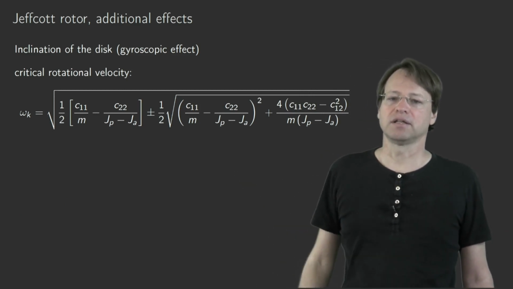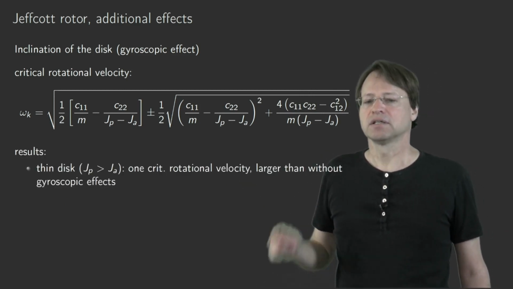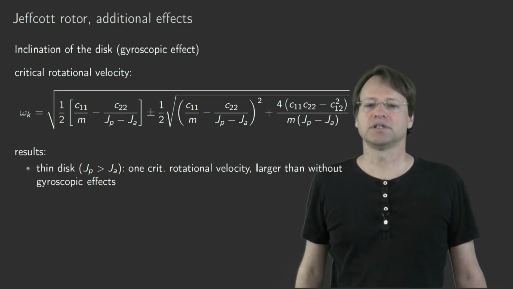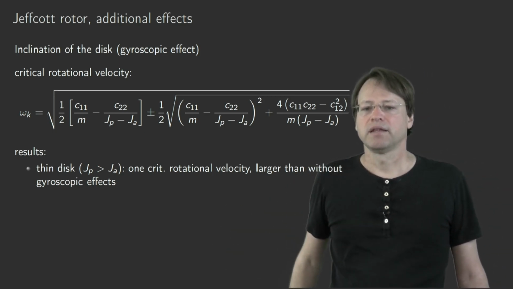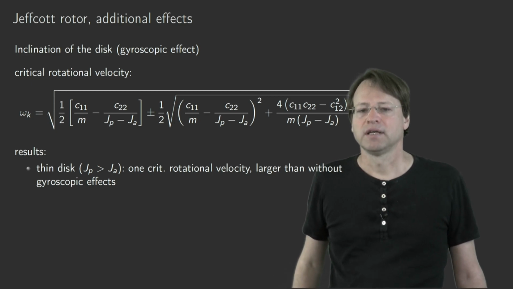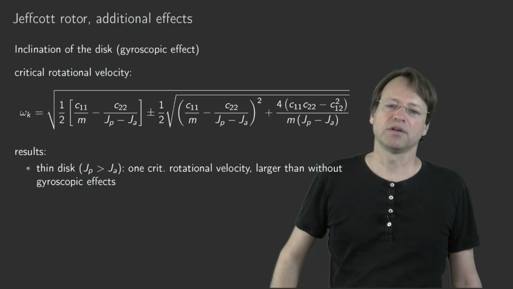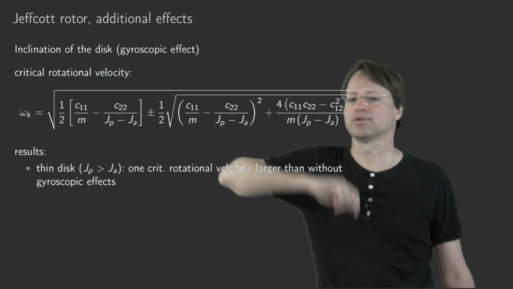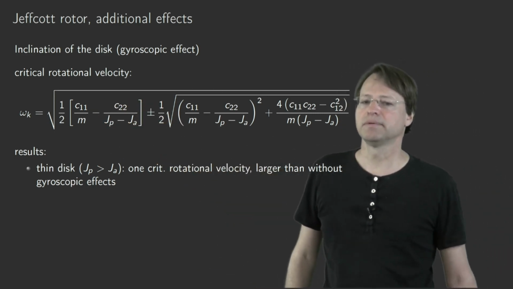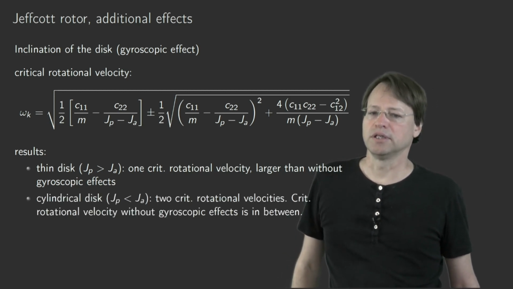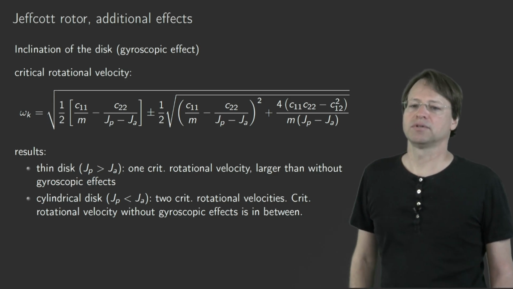You see again that equation here, and the result is for a thin disk there's one critical rotational velocity. It's larger than without taking the gyroscopic effects into account. Without taking the gyroscopic effects into account means we just have the first term, C11 divided by m. And for the second one, for a cylindrical disk, we have two critical rotational velocities.